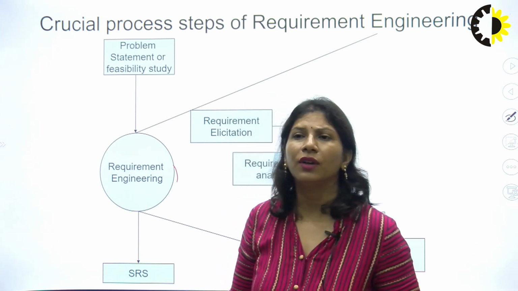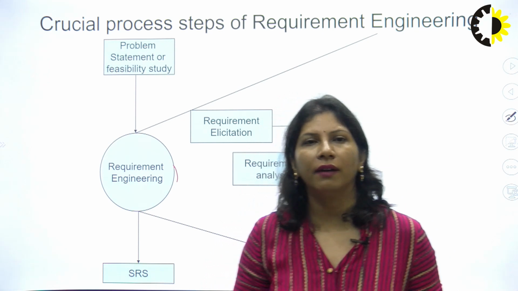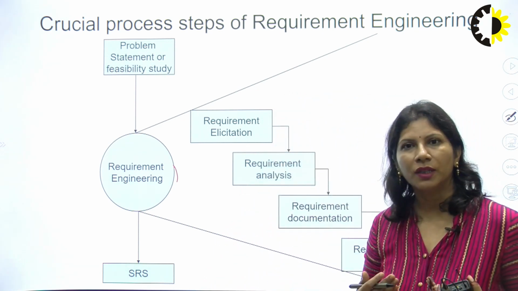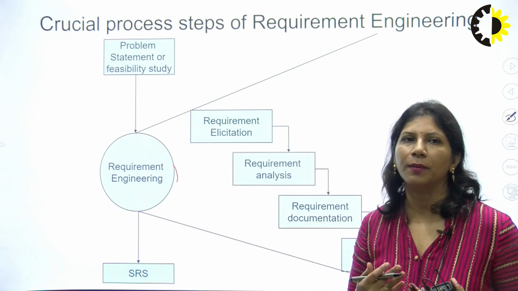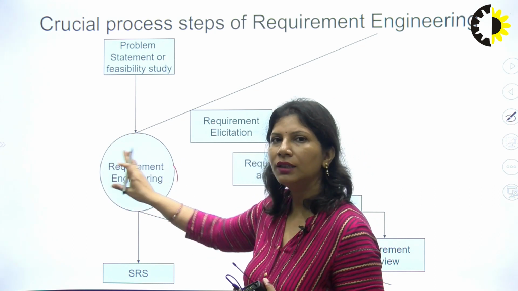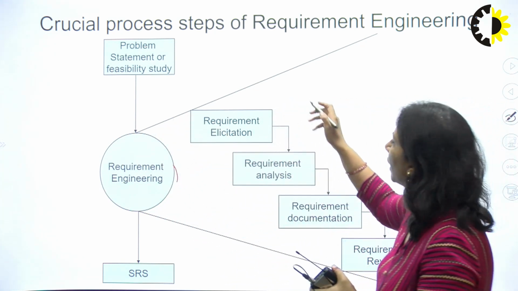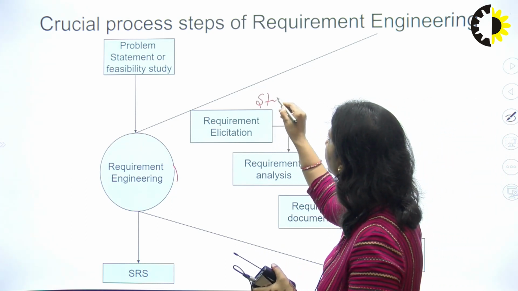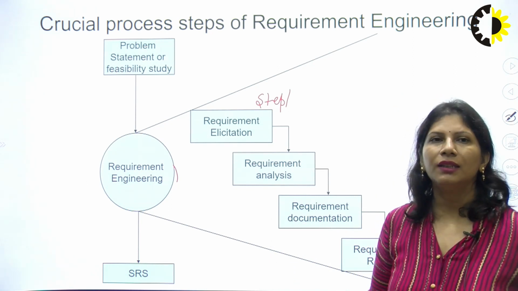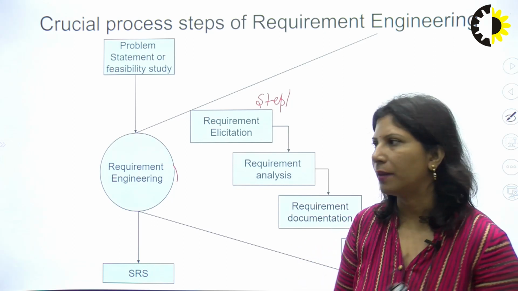First of all, we should know what we are doing requirement engineering for. That is your problem statement, the input to requirement engineering. Then under this process, several steps will be done. Step number 1 is requirement elicitation. Under this elicitation, we will use several tools for gathering the requirements.